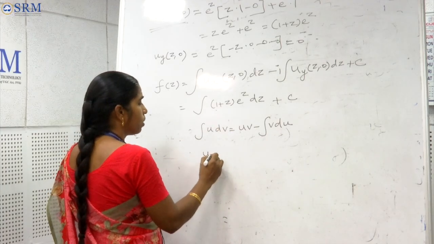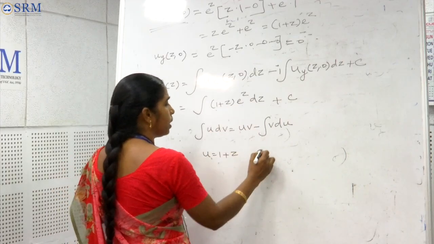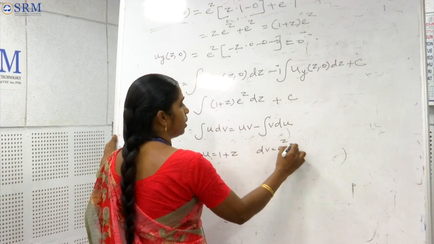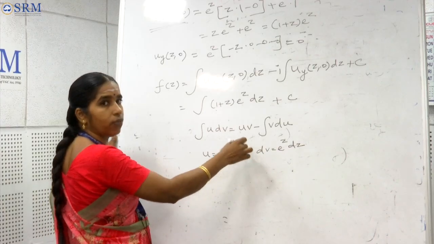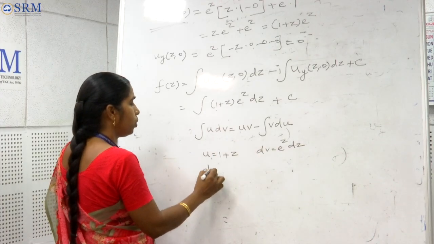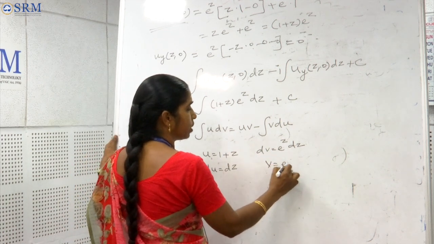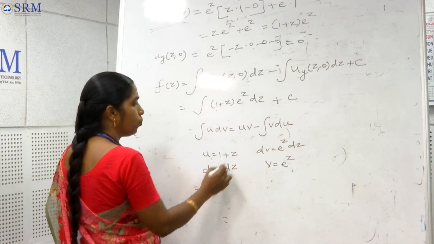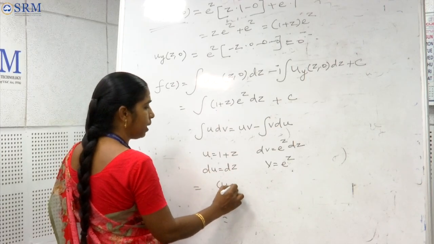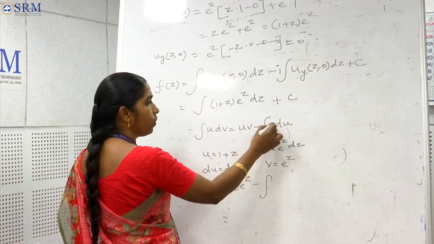So u is equal to 1 plus z, dv is e^z dz. u is differentiated, dv is integrated. So du is equal to dz. Here we know the integration of e^z. The formula is uv, so uv is (1 plus z) e^z minus the integral of v du.